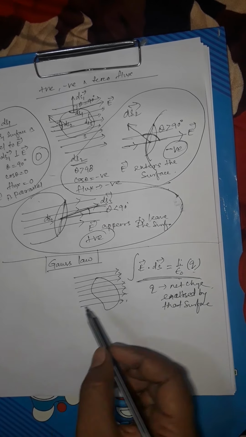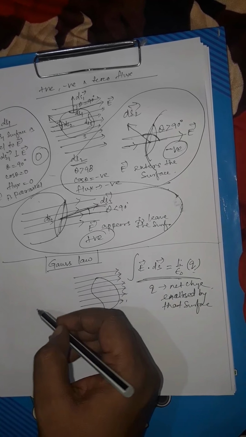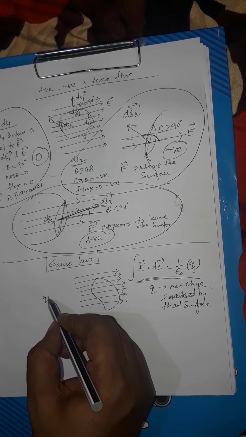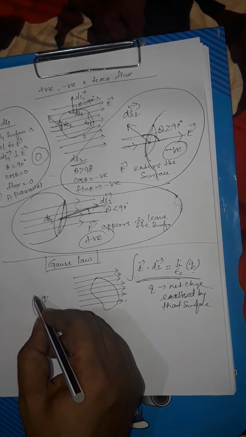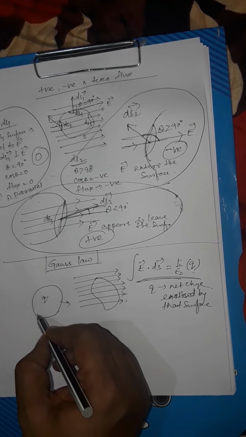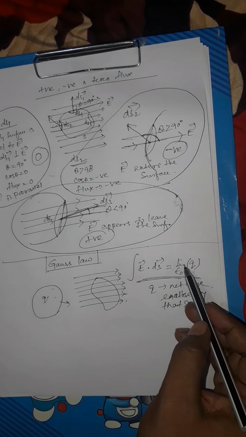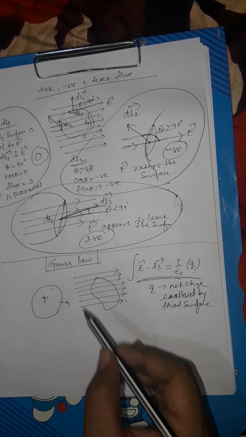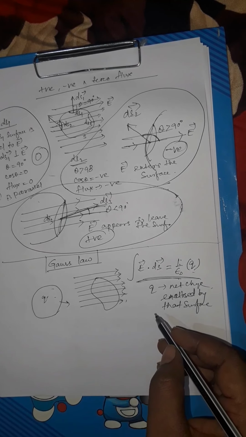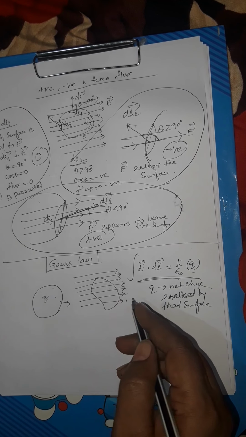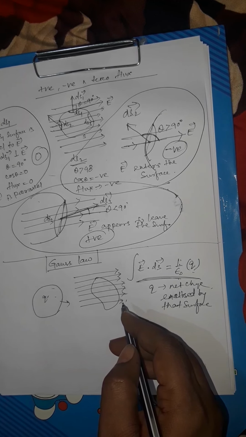Suppose you are finding the electric field due to a point charge, then you have to take a charge here, and that charge must be enclosed within a surface, and through this you can find out the electric flux. Then you have to equate it to q by epsilon naught, and only then will you get the electric field due to the particular charge distribution. So in the next class we will see the applications of Gauss law.